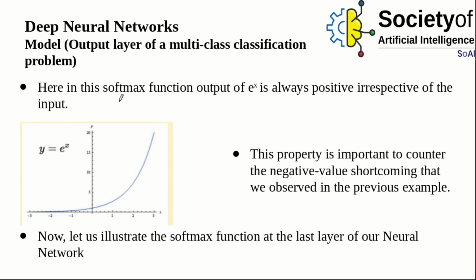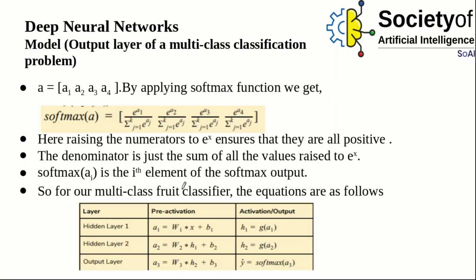So in this particular softmax function, the output of e to the power x is always positive, irrespective of the input. This property is important to counter the shortcoming of negative values that we observed in the previous example. Now, let us illustrate this softmax function as the last layer of our neural network.